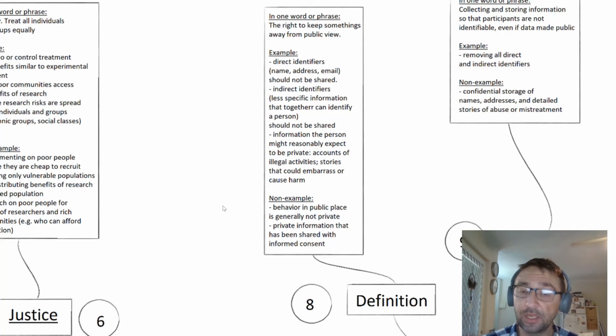This is why it's generally legitimate to take photos of people in a park or such. And also, just because you have the right to privacy doesn't mean you don't have the right to give it up. So there can be information that you, with informed consent, agree to share. There's nothing stopping you legitimately posting pictures of your private things, whatever they are, so long as you've done that with informed consent.